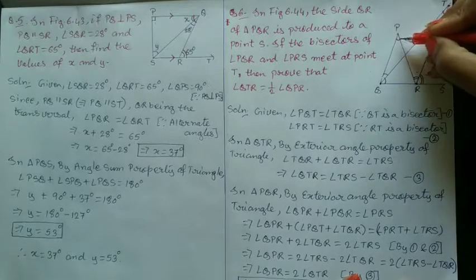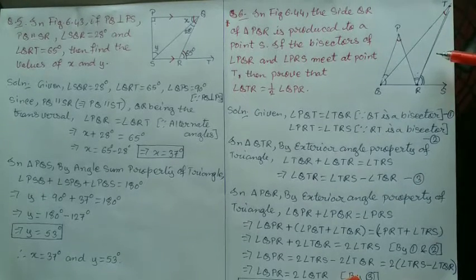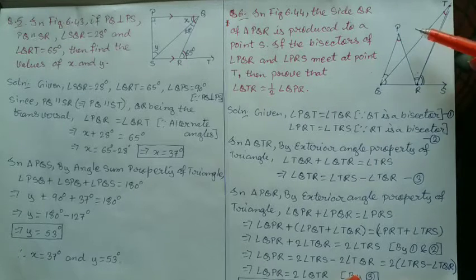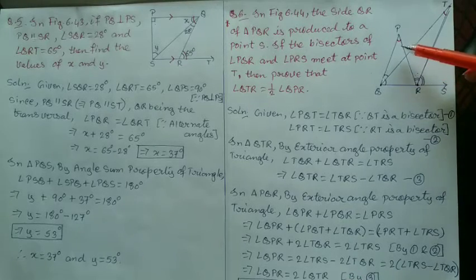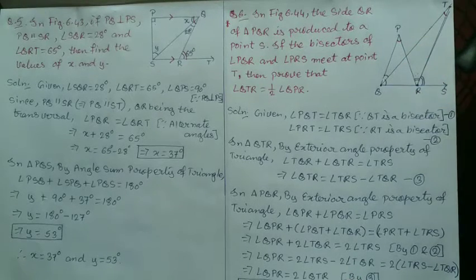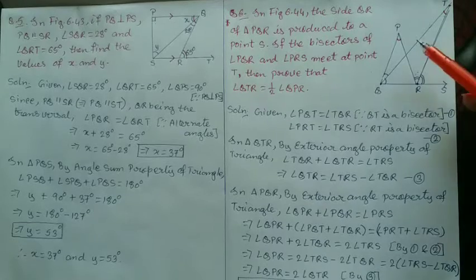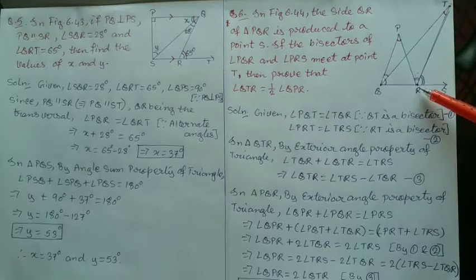So to solve this particular sum, we have to focus on these two angles. We always have to focus on this and try to bring out relationships related to it. Now in this diagram, for the triangle PQR, we have a line extended as QS. So that means an exterior angle is created, right?